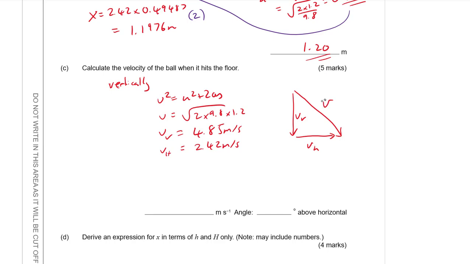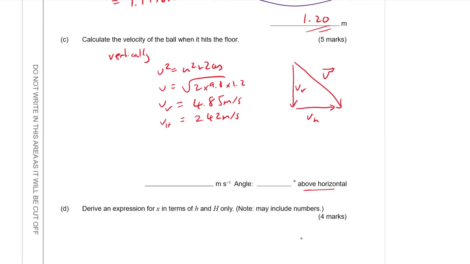So I need to find this vector, and it's telling me here above the horizontal, so it's also wanting me to find this angle here. So I can say that the magnitude of the velocity is going to be equal to the square root of 4.85 squared plus 2.42 squared, and what I get is 5.42 meters per second.